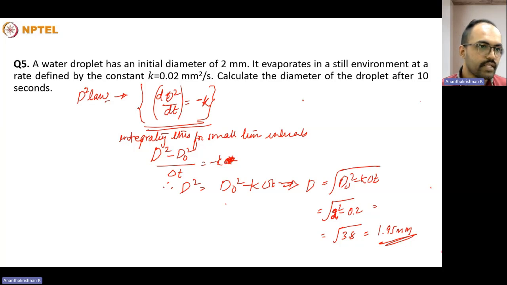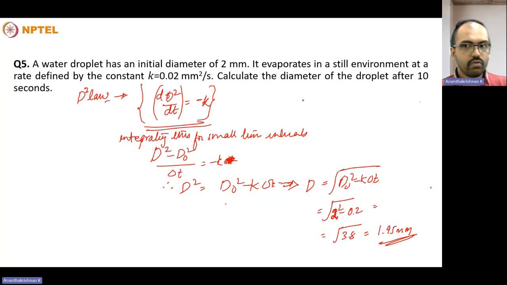So many assumptions have come into the picture once we use the D squared law. There is a spherical symmetry where the forced and natural convections are neglected, and there is no spray effect.